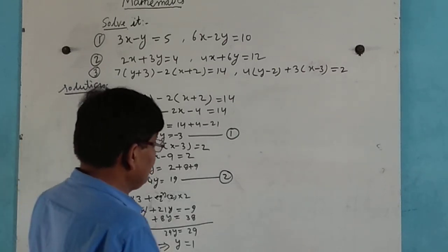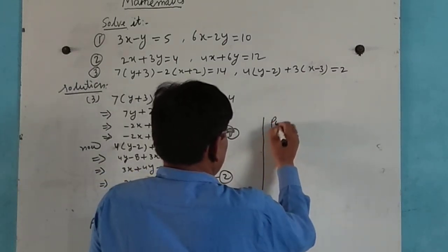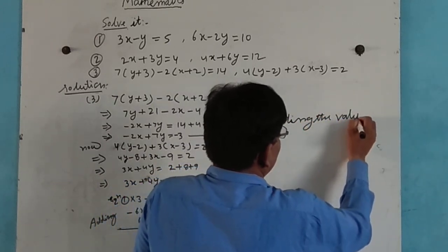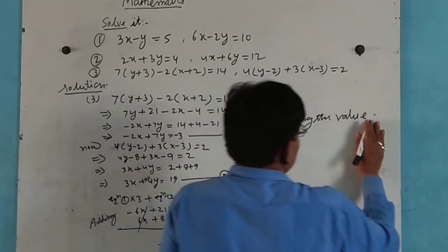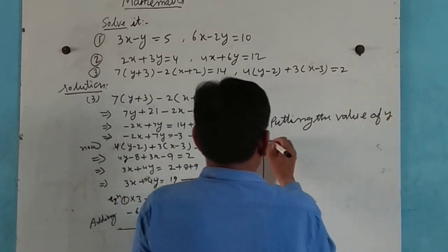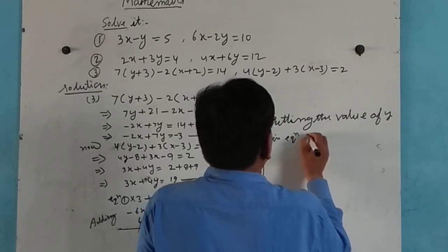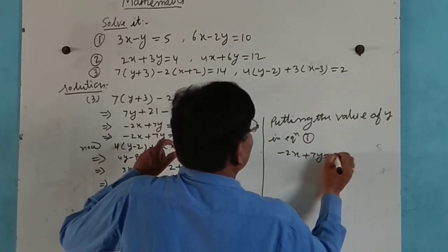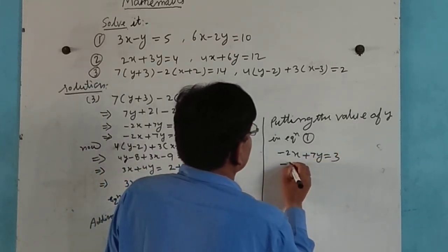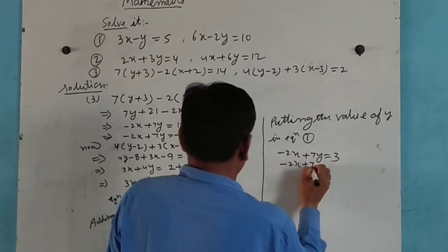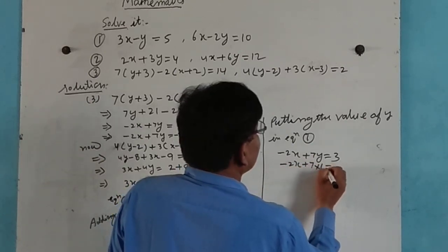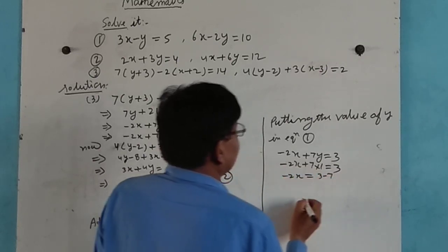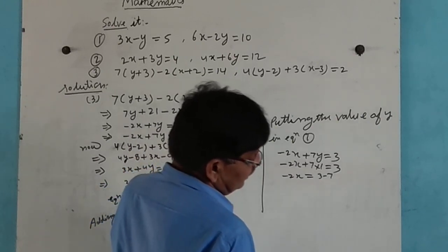Putting the value of y in equation 1: minus 2x plus 7 into 1 equal to minus 3, so minus 2x equal to minus 3 minus 7.